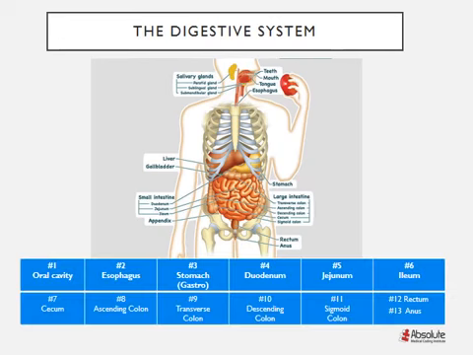I've listed here the order. So first, number 1, we start with the oral cavity. We then go to the esophagus after we swallow, and the stuff moves down into the stomach, number 3, which we know is gastro. That's the medical term for it. We move into the small intestine, which is 4, 5, and 6, the duodenum, the jejunum, and the ileum.